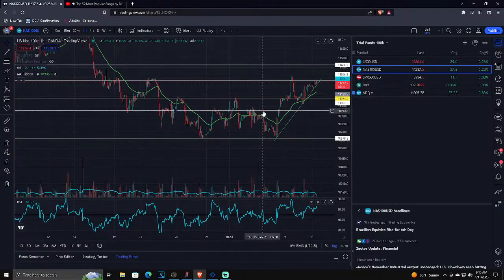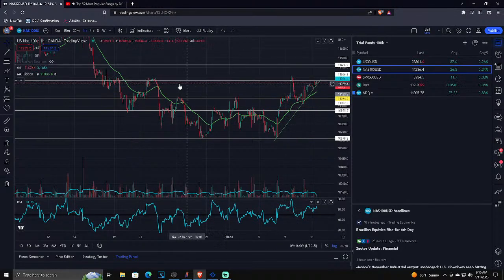This area here was just a light resistance for a while, but I still want to mark it because we're going to be trading on the 5-minute chart, and that is potentially a resistance level or a support level if the market was to dip down. Another level here where a couple of peaks hit it, and then our current high where we're currently sitting is an area resistance level.